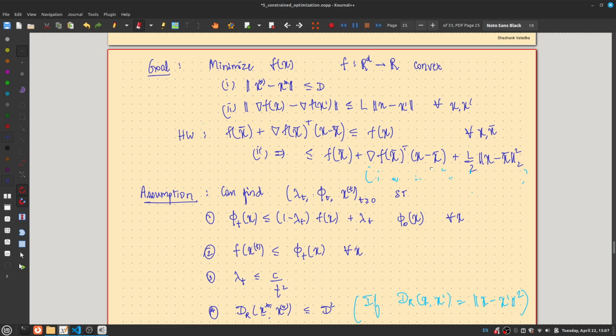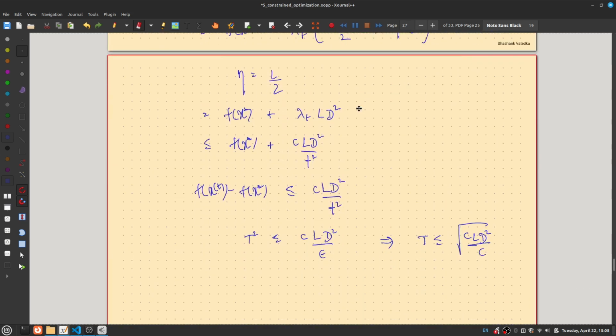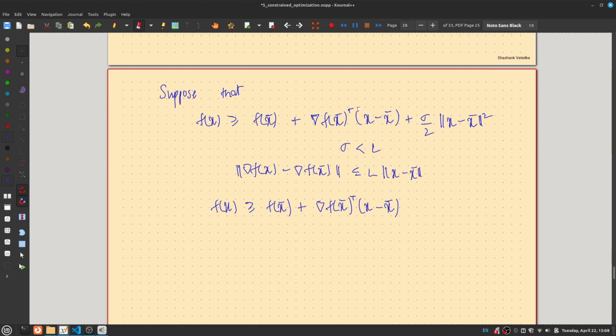Let's ignore this for now, but this purely comes from the fact that the gradient is L-Lipschitz continuous.